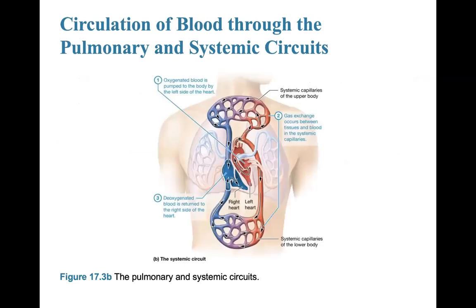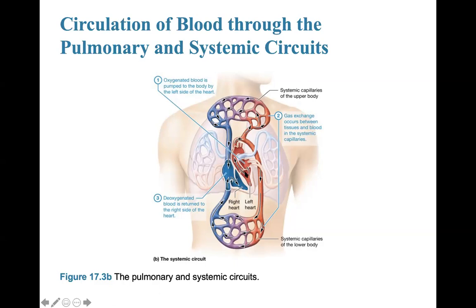So here's a little bit of a summary of the systemic circuit. We have our blood returning from the systemic circuit via the vena cavae, again into the right atrium here, traveling into the right ventricle, then pumping out through the pulmonary arteries to go to the pulmonary circuit, and coming back in from the pulmonary circuit via the pulmonary veins into the left atrium.